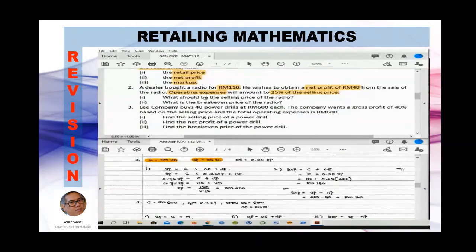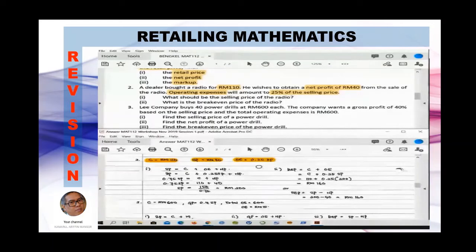So operating expenses OE equal to 25% of selling price. Kita boleh convert jadi 0.25 SP. So this give you the operating expenses. Okay, 0.25 SP. Okay. So the first question asks you what should be the selling price.